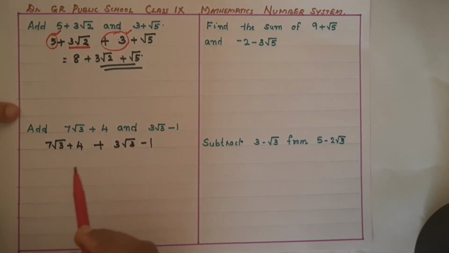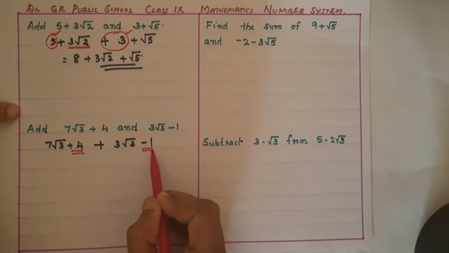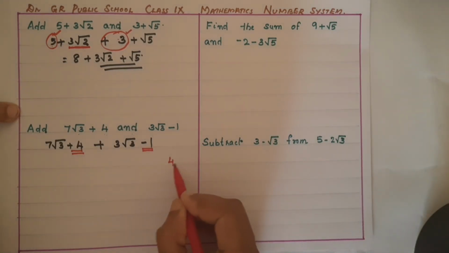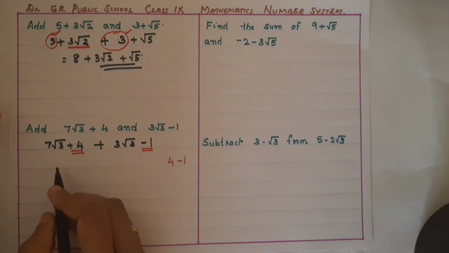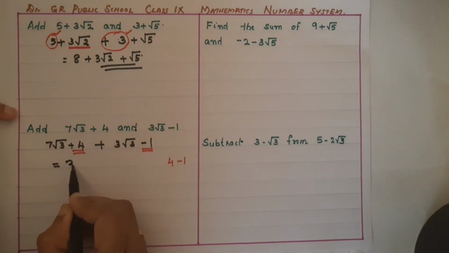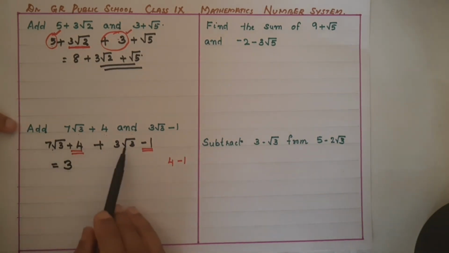So what are the rational numbers here? Plus 4 and minus 1. You have to consider the sign also. Plus 4 minus 1. What is plus 4 minus 1? It is 3. Okay. So first when we check the rational part we are getting 3. Now we have to check the irrational part.